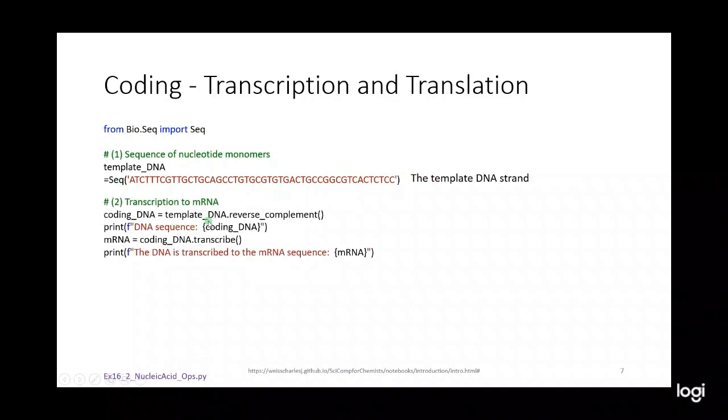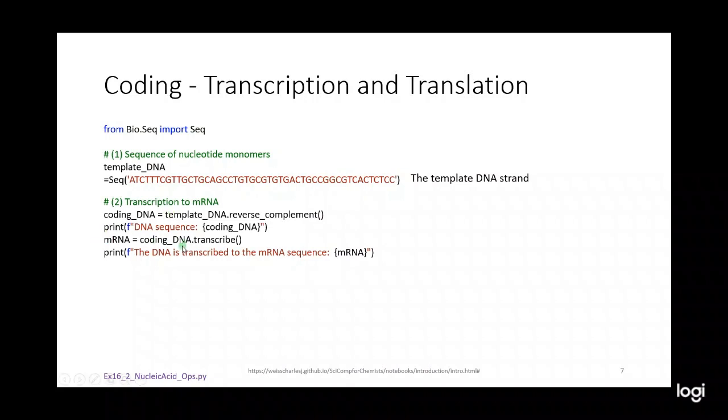The template DNA strand is converted into the coding DNA strand, which is the complementary strand in the 5' to 3' direction, using the reverse_complement function. The transformation follows complementary base pairing rules: adenine to thymine, thymine to adenine, cytosine to guanine, guanine to cytosine.